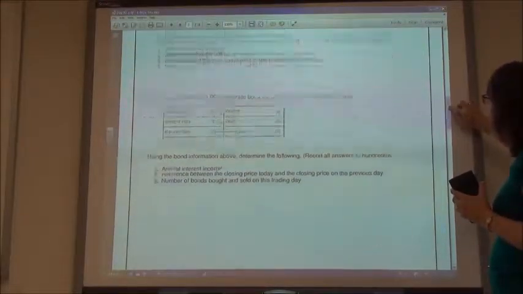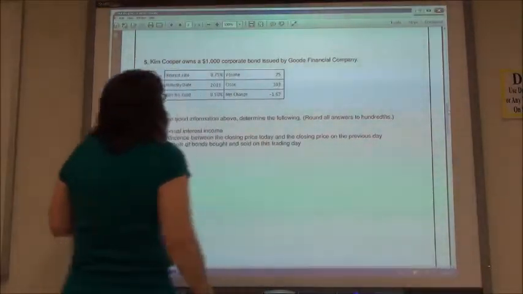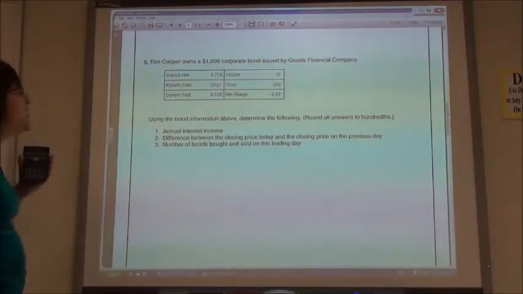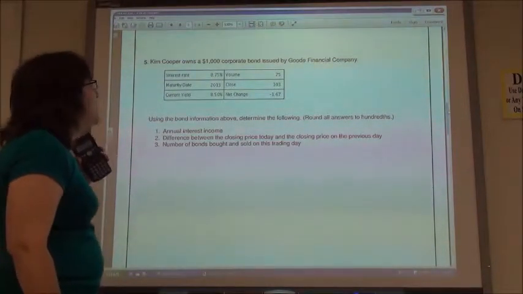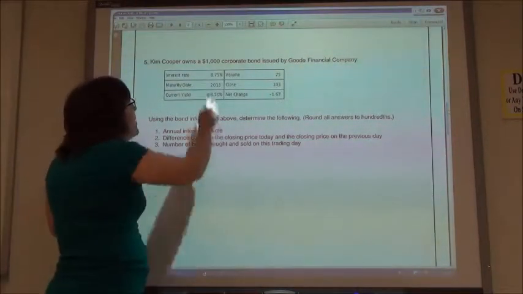Number 5, if I can get the board to move. Kim Cooper owns a $1,000 corporate bond issued by Good Financial Company. Again, we've got the interest rate, the maturity date, current yield, volume, close, and net change. It says, using the bond information above, determine the following, round all answers to hundredths. So again, we want to do the annual interest income.